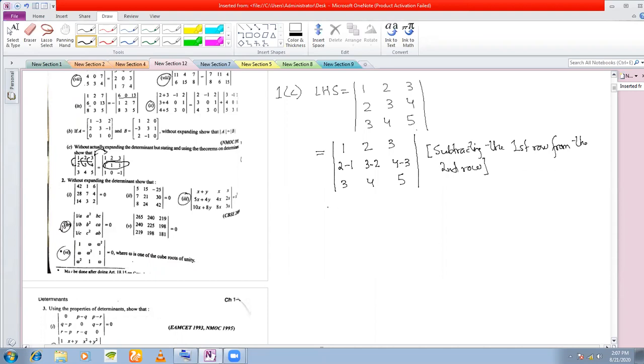This will become 1, 2, 3, 1, 1, 1, and this remains 3, 4, 5. So I've got the first two rows, right? The only row that is left is this one, 1, 0, minus 1. But this is 3, 4, 5. So how will I bring 1, 0, minus 1? Can you tell me?